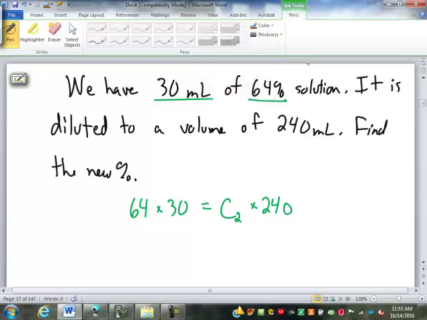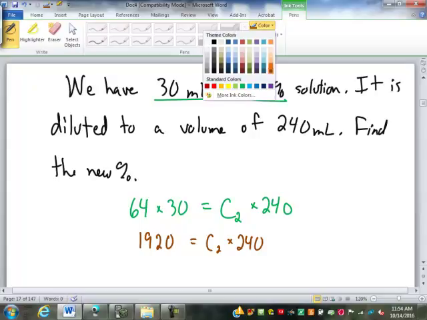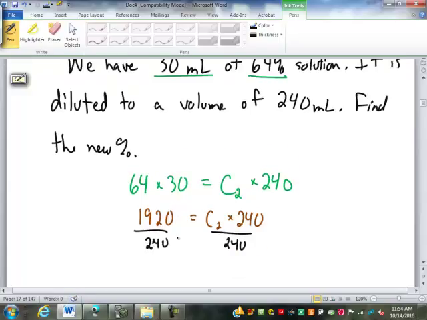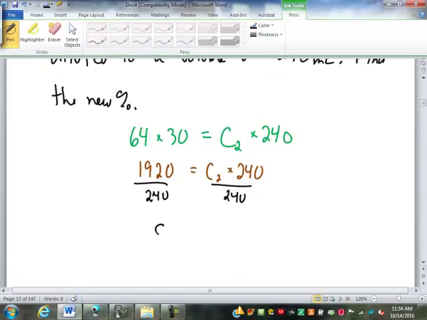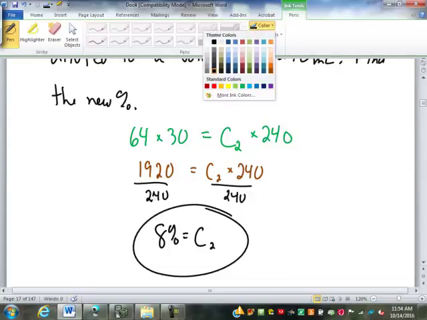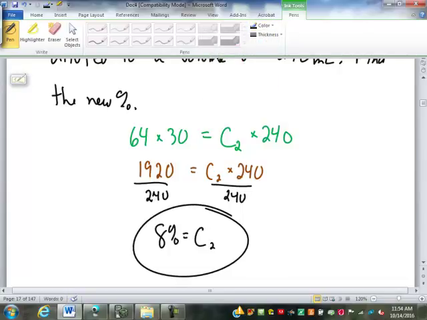So to solve, we're going to do 64 times 30, which is 1,920, and divide by 240. 1,920 divided by 240 is 8. So that new concentration is 8, or 8%. Does that make sense? It's just a lot shorter than going through the dilutions.